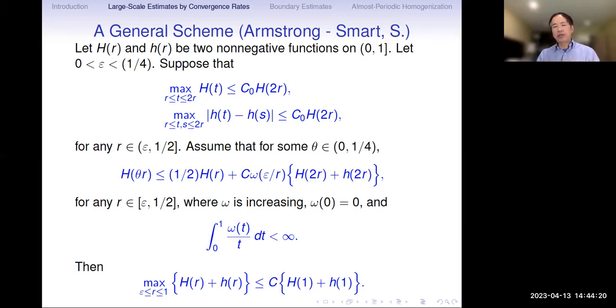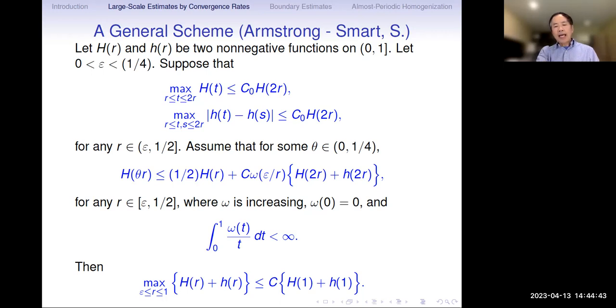Of course, if it's increasing, it's okay, but most likely the function you're dealing with is not going to be increasing. So what it says here is that between r and 2r, you can always bound that by H of 2r. And this is particularly useful when you're dealing with an average over a ball. You can just dilate the ball, you pay a price of a multiple, that's all.